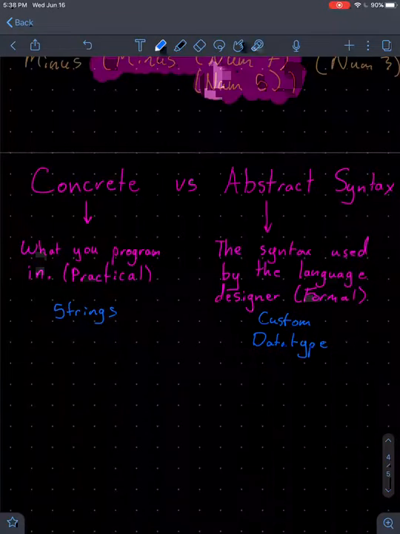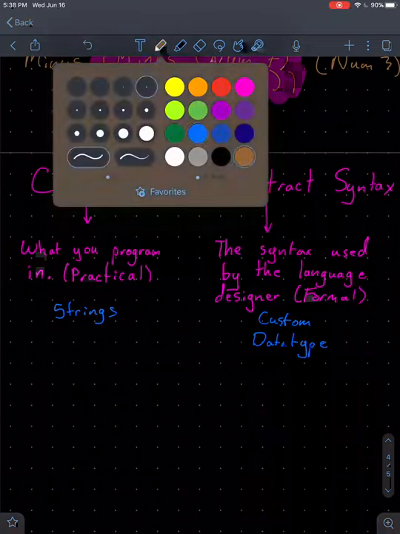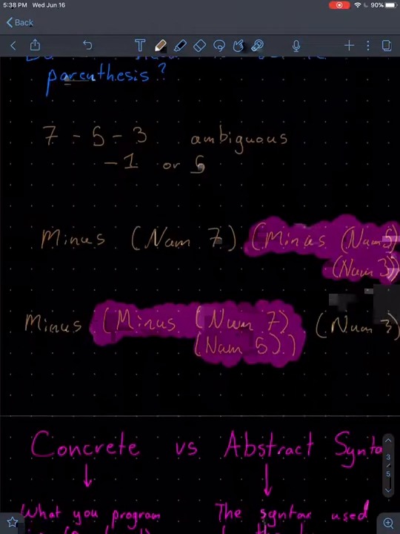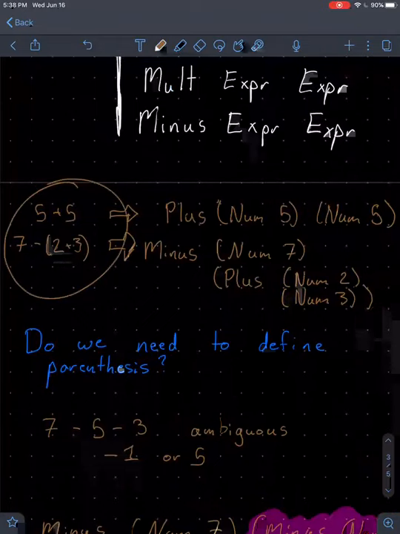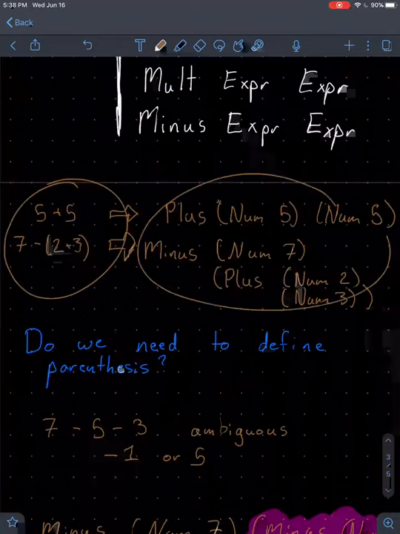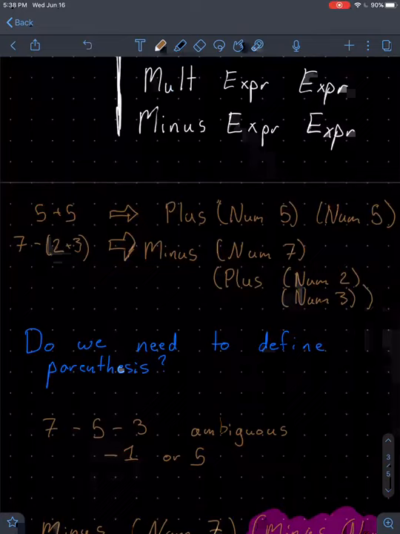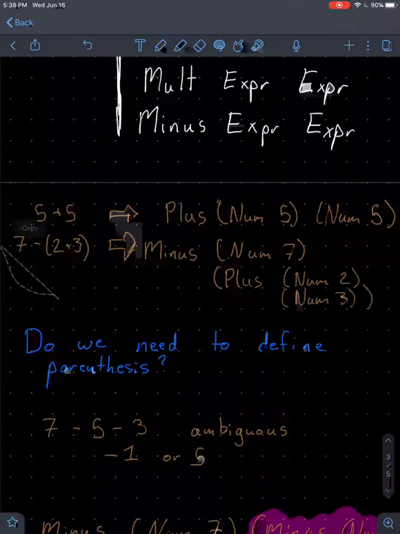Can anyone give a guess? So actually here first, an example. That's what I was doing up here, going between these two. This is concrete syntax, this is abstract syntax. So I'll copy this down.